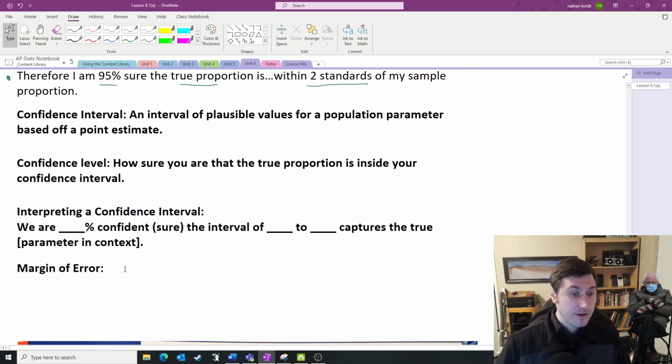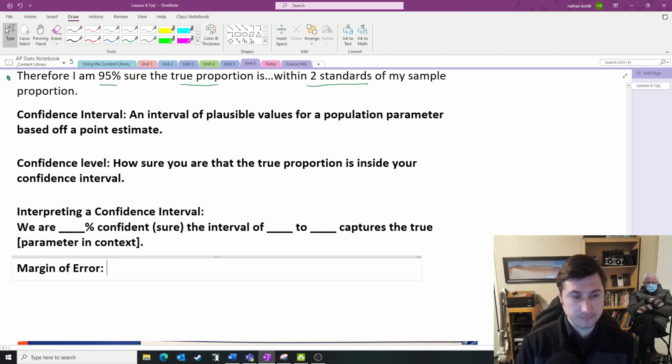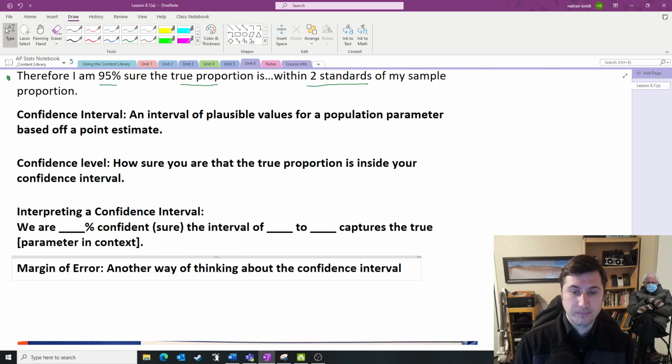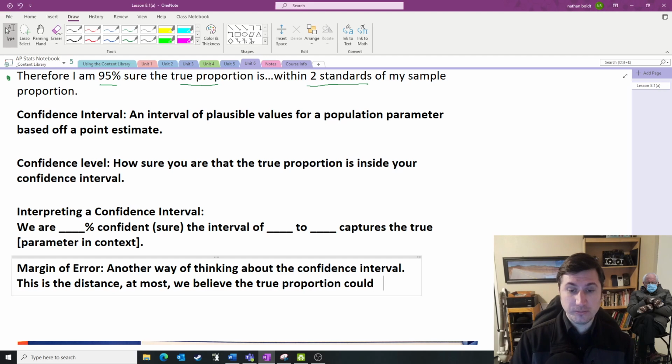So the margin of error, this is just another way of thinking about the confidence interval. So instead of an interval, this is the distance at most we believe the true proportion could be from.